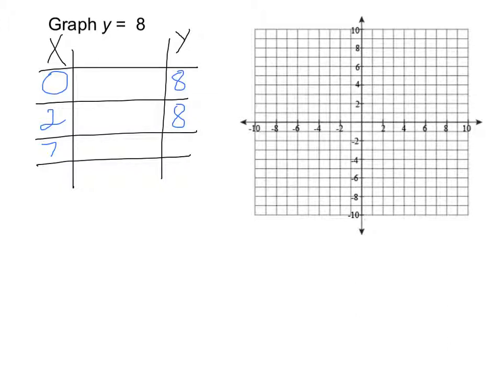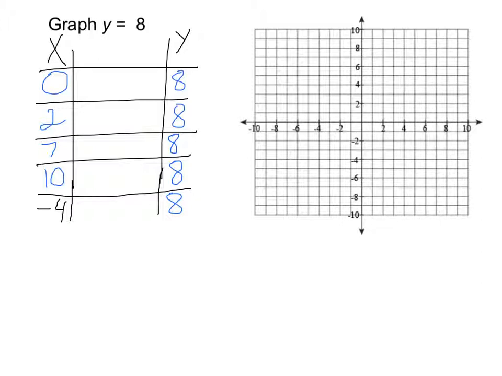Again, y equals 8. No matter what I choose, I could choose 10, y would always equal 8. If I wanted to choose another one, I could choose -4. If x is -4, what does y equal? Well, y is always equal to 8.